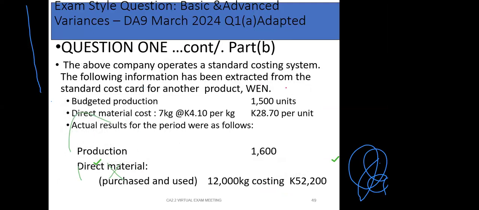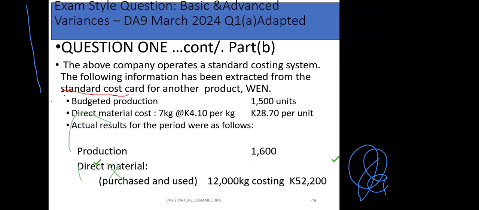The question says the above company operates a standard costing system. The following information has been extracted from the standard cost card for another product when budget production is 1,500 units, that material cost 7 kgs at 4.1 per kg. Oh, this is standard. The 1,500 is standard. That is a standard cost.